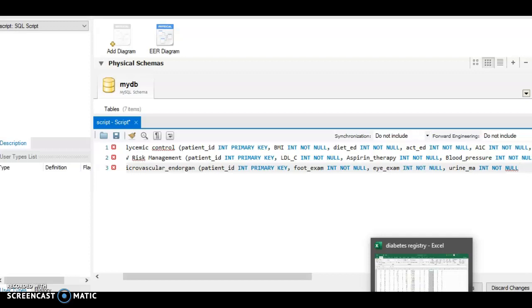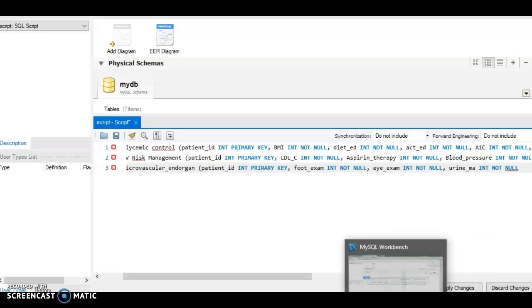So I downloaded PHP My Admin to my computer, but then I couldn't figure out how to install it onto my computer. So I wrote the scripts to create the tables, and they wouldn't work.